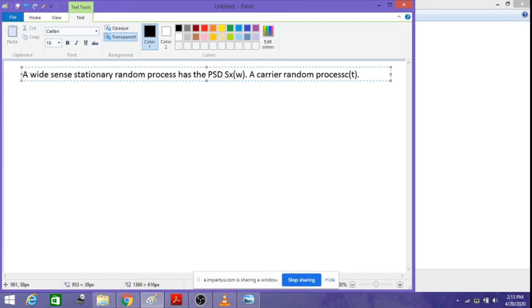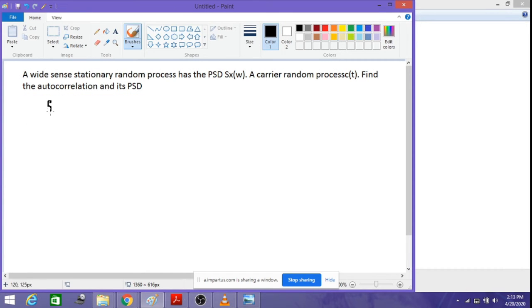Then we have to find its PSD and autocorrelation function. So find the autocorrelation and its power spectral density.